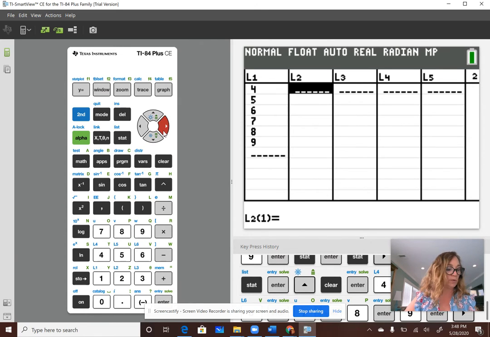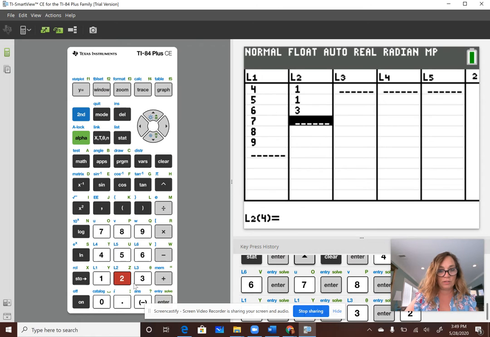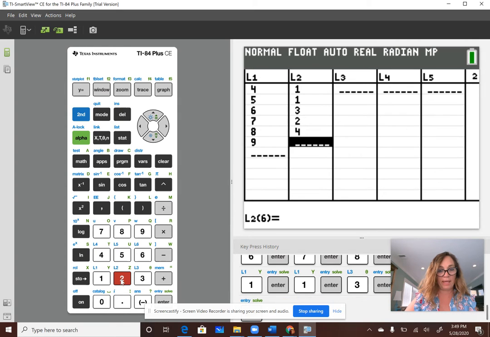And then in your L2, you would put the frequencies. Frequency just means how many times that number occurred. So 1, 1, 3, 2, 4, and 2. So you would enter that way.